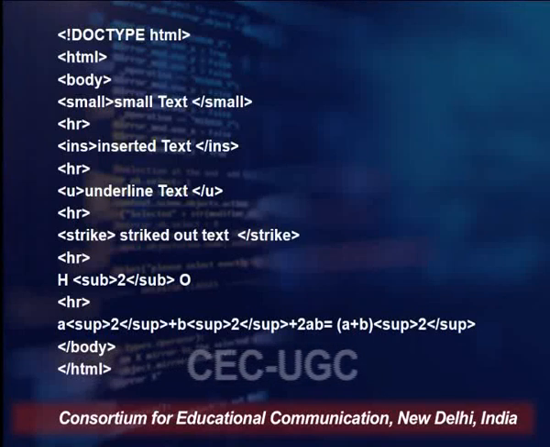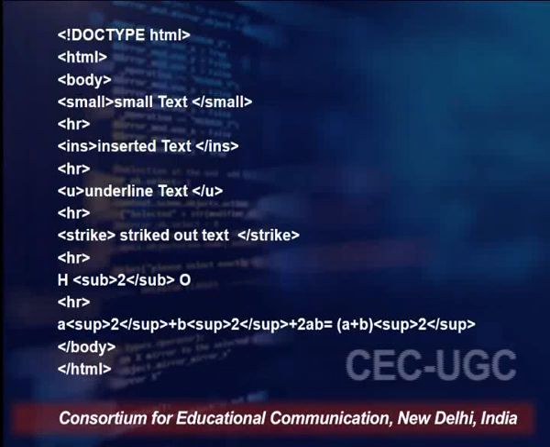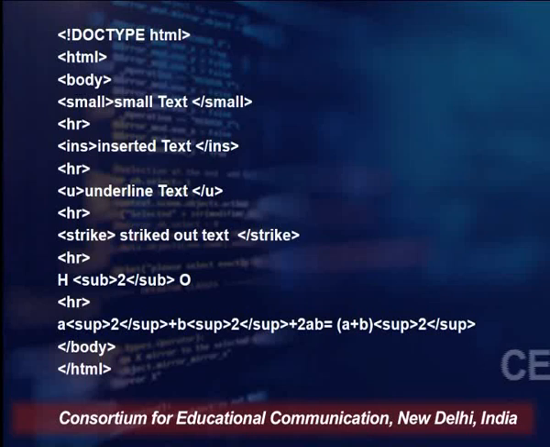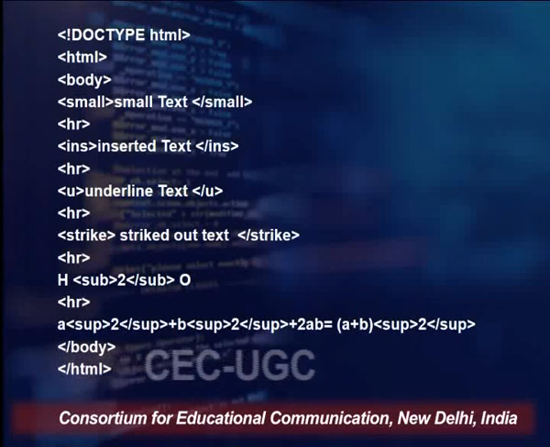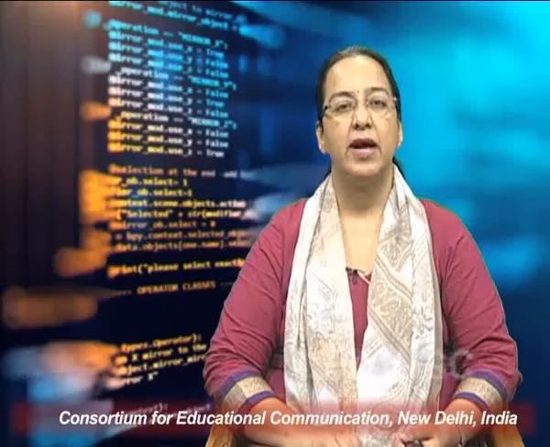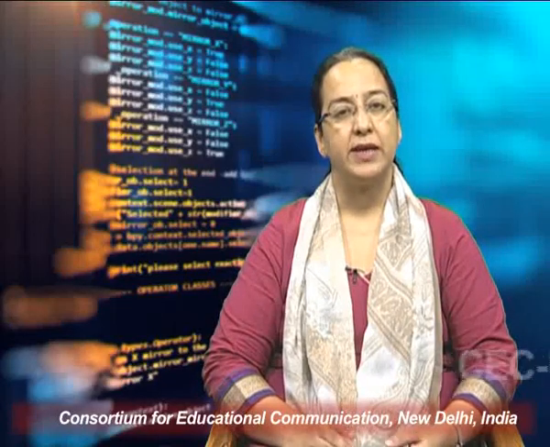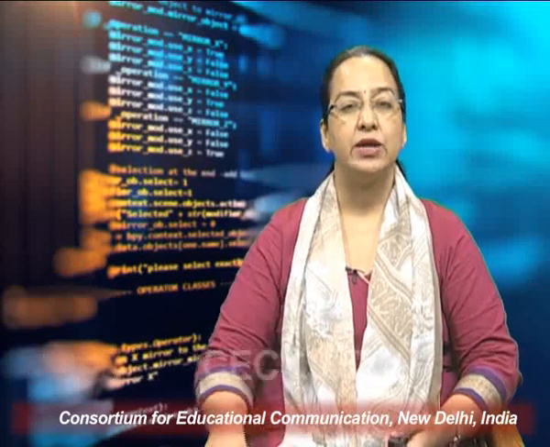In this program we have used small text, inserted text, underlined text, struck-out text, H2O with 2 as subscript, and a square plus b square plus 2ab is equal to a plus b whole square, where the square in this expression is written as superscripted text, and the program closes normally with /body and /HTML.